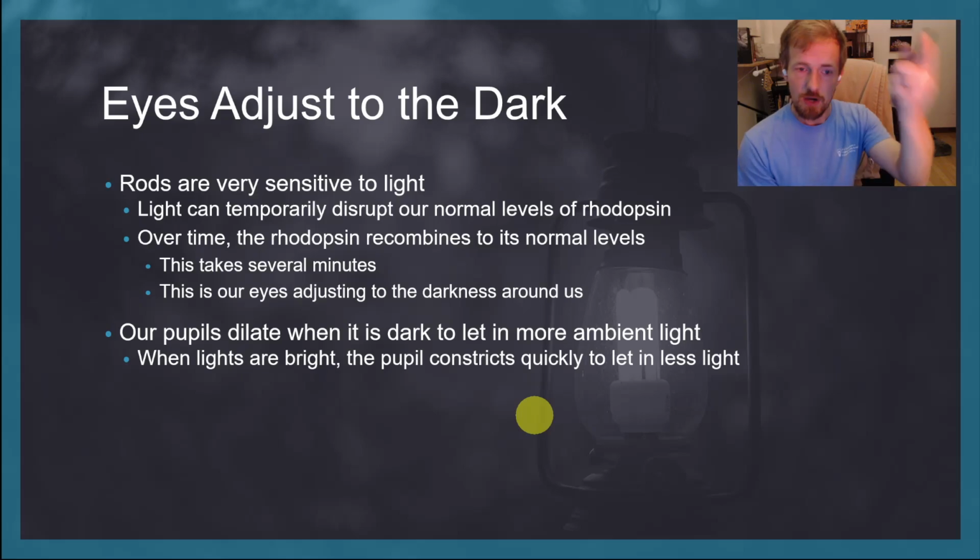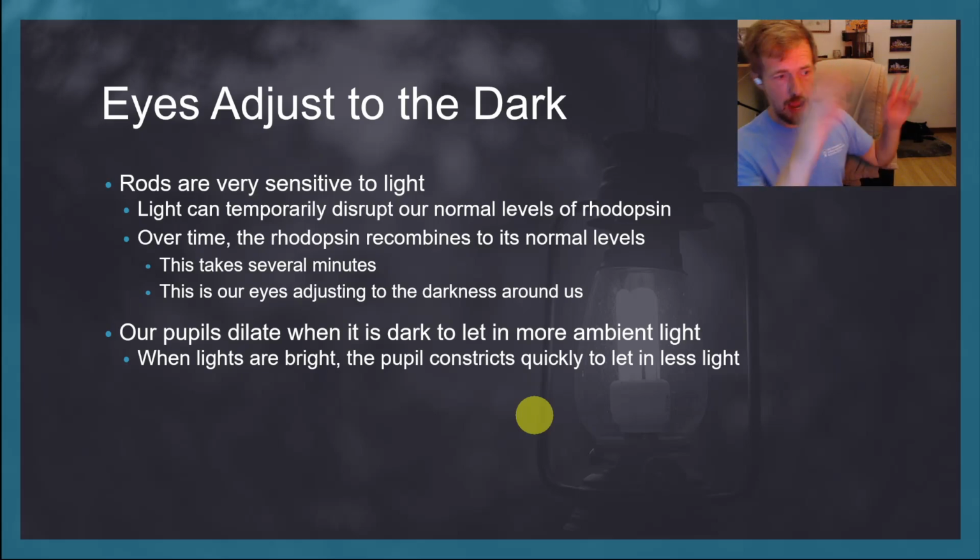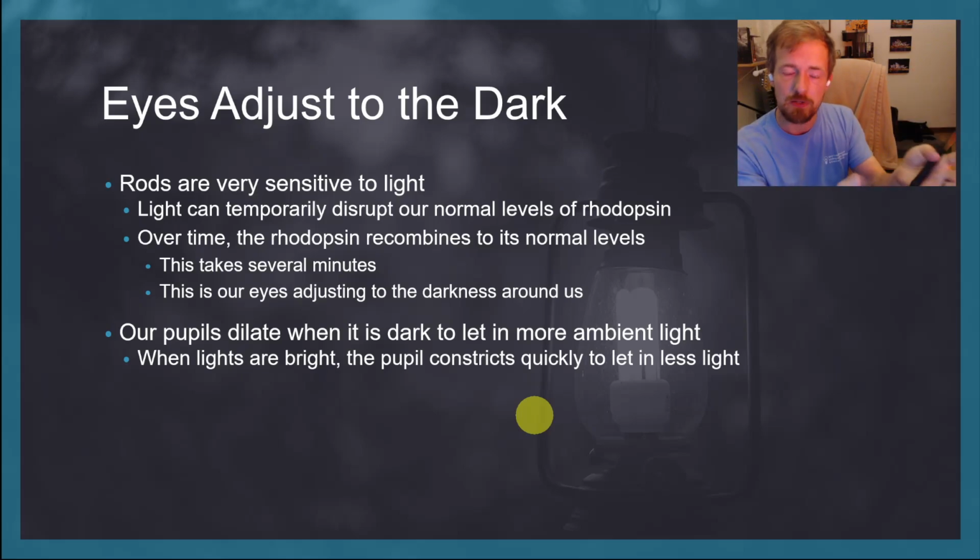One is that our rods are preparing themselves to go back online and to be useful again. So the rhodopsin, now that there's not a lot of high intensity, bright light around, has a chance to rebuild.